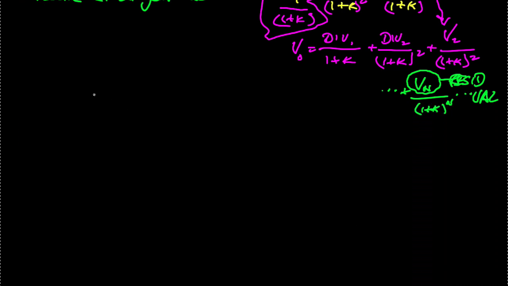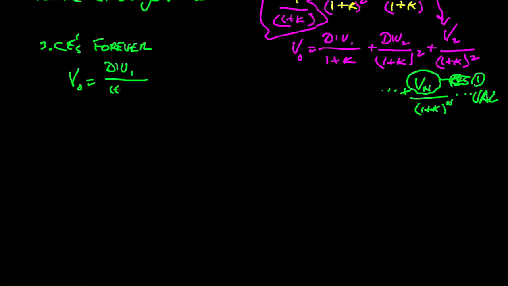Let's move this up where the cash flows go on forever. So what we have then is the value equals, we'll do it again, div 1 over 1 plus k plus so forth. Now we have dividends too.